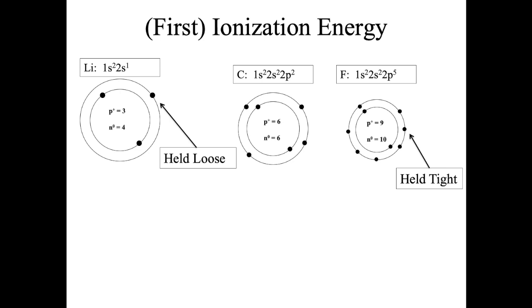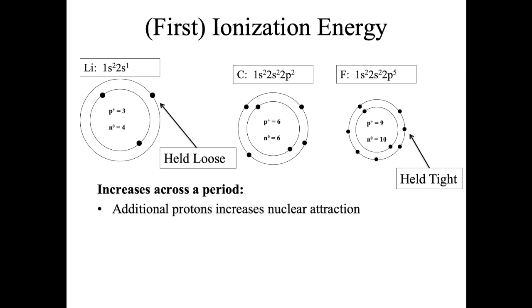So its outermost electrons will feel a much stronger attraction with the nucleus. They're held more tightly. So as our nuclear attraction increases when you move across a period, the outermost electrons experience more attraction. They're held more tightly. And that means it's going to require more energy to remove those electrons than it would for others.